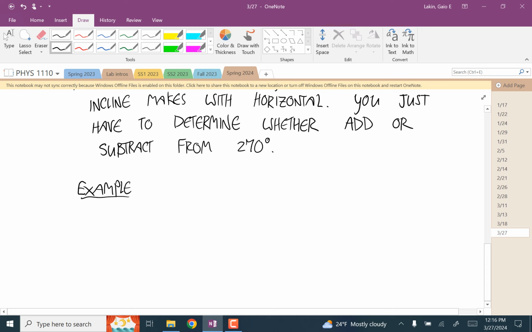So let's say we have this cart moving along an incline that makes an angle of 20 degrees with the horizontal. And let's say this has a mass of 10 kilograms. And we want to know what's the acceleration.